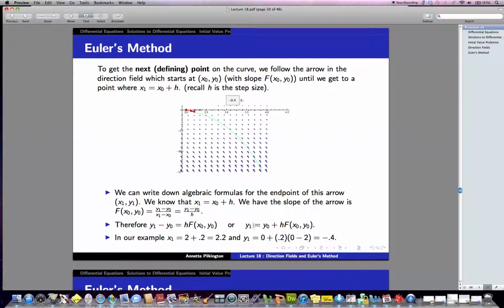And so therefore we have y1 equals y0 plus h, the step size, times f of x0, y0. We have x1 equals x0 plus the step size, which is 0.2, and y1 is y0 plus 0.2 times minus 2, so it's minus 0.4.